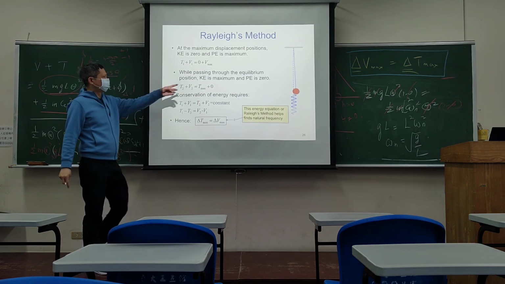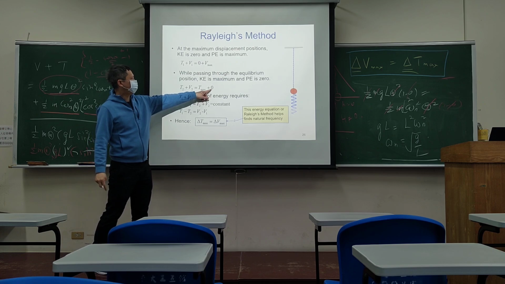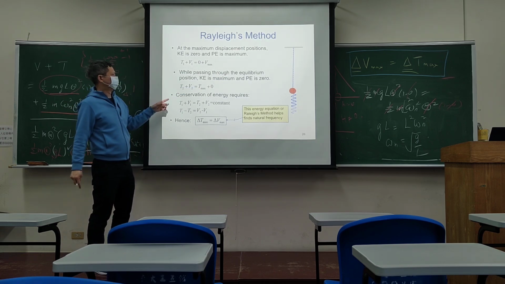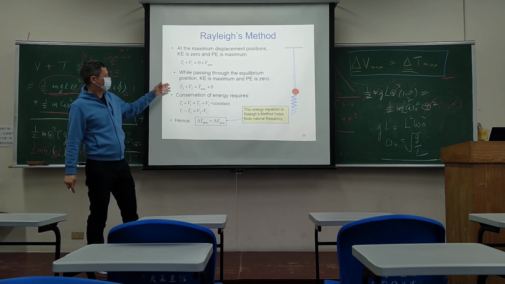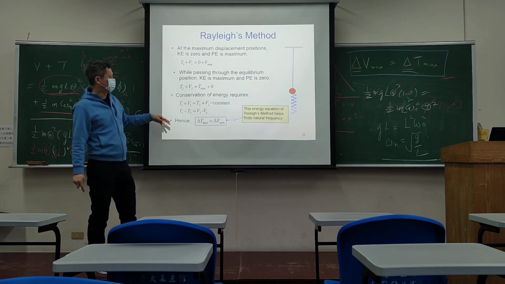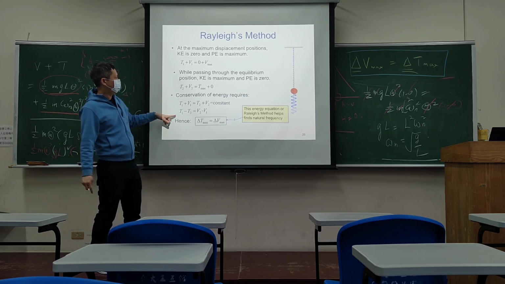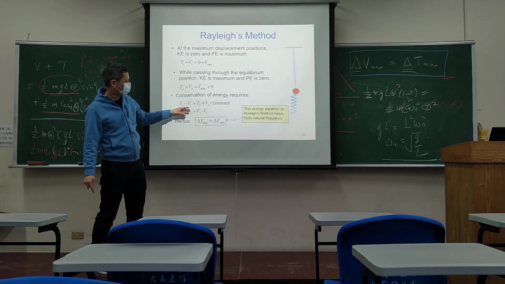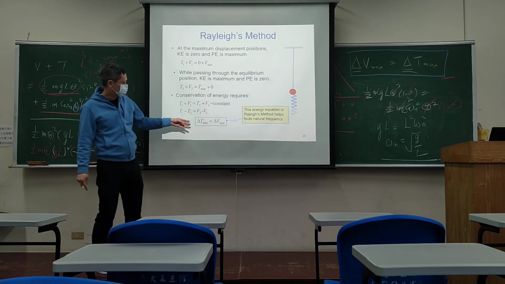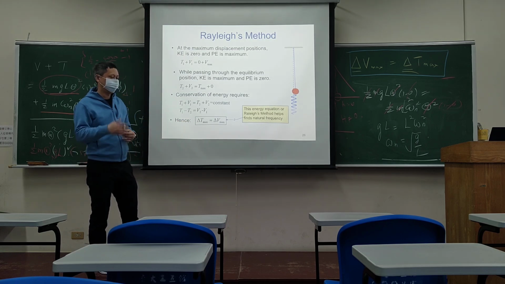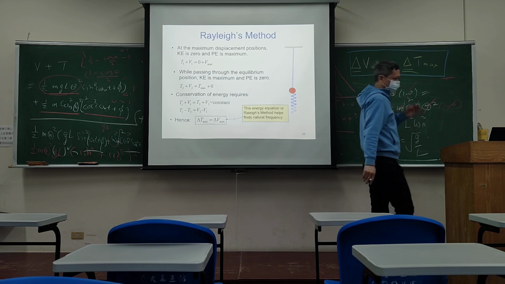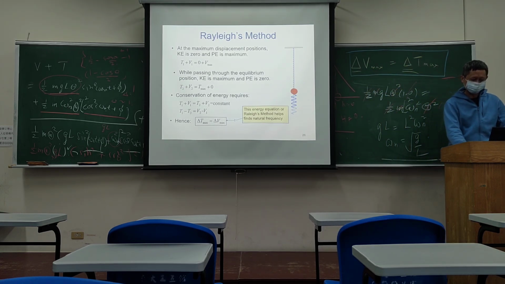Okay? So here, at the lowest point, we will set a non-zero potential energy. Okay? So now, by applying energy conservation, you see that the change of kinetic energy is equal to the change of potential energy.